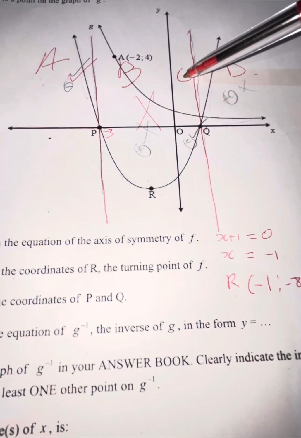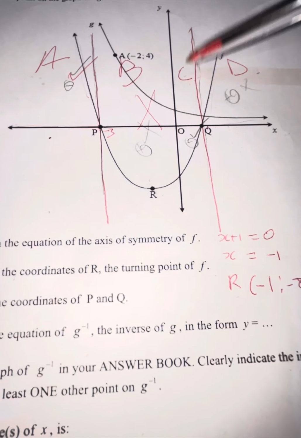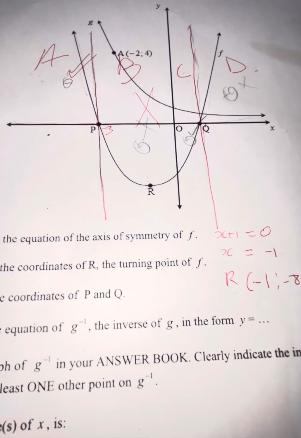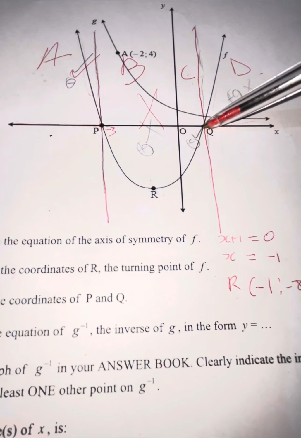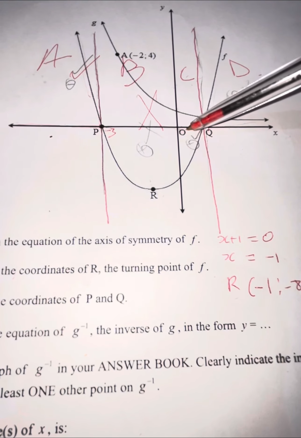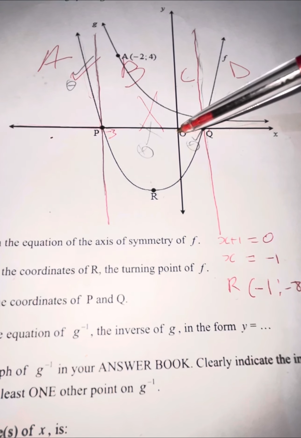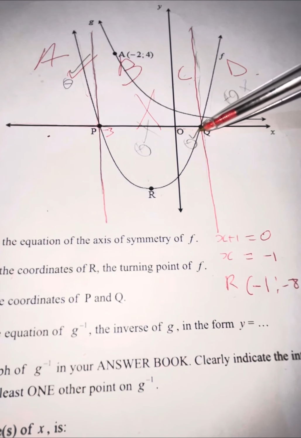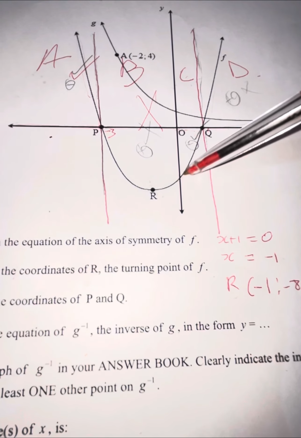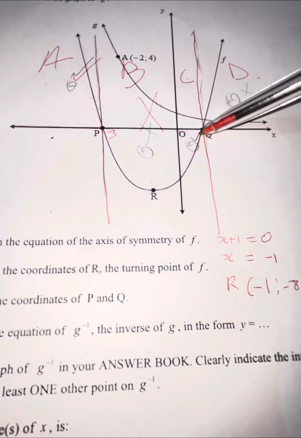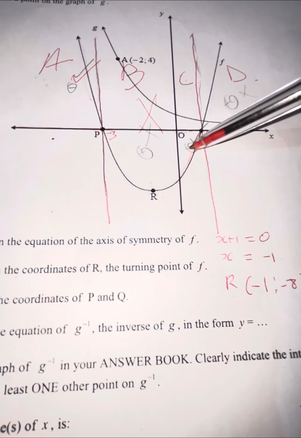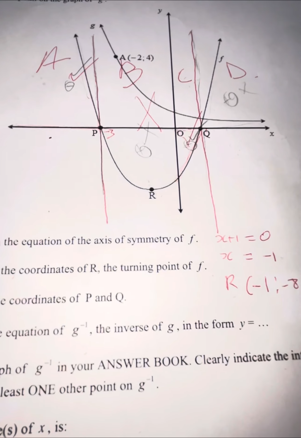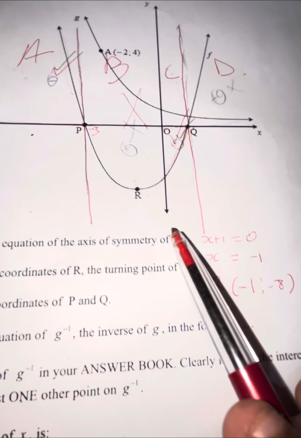Let's move to C. For C here, it's from 0 up to 1. So the x values here, they are positive from 0 to 1. But the line of f of x is negative. So positive times negative is negative. Therefore, we're going to use this part C. What about part D?